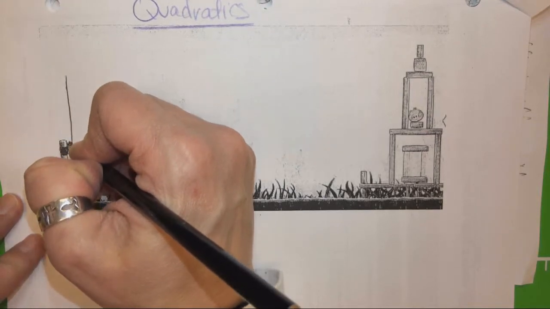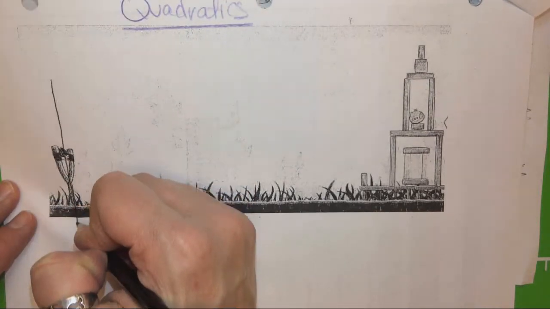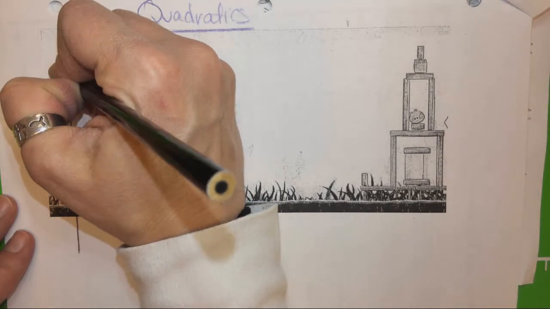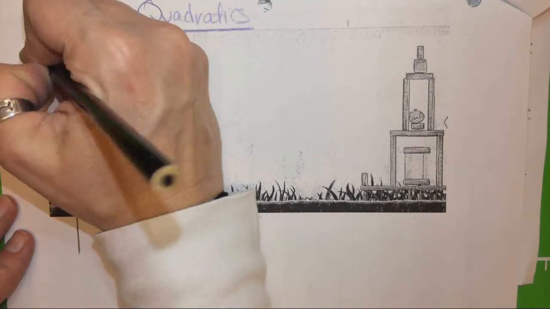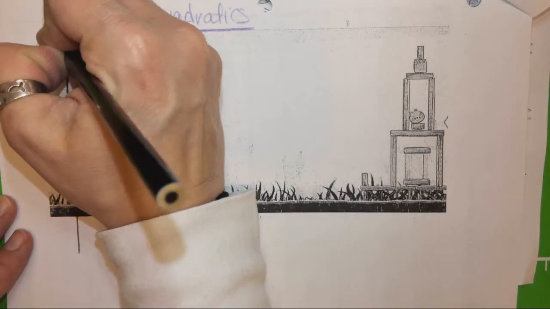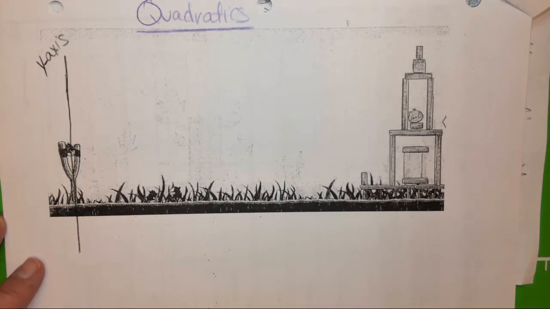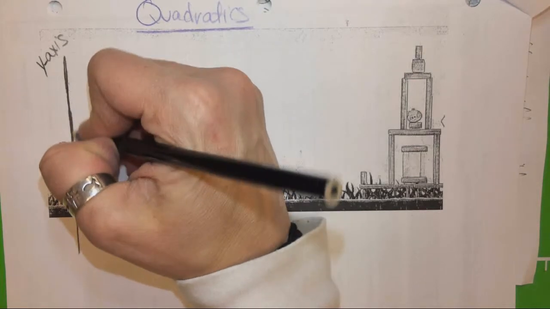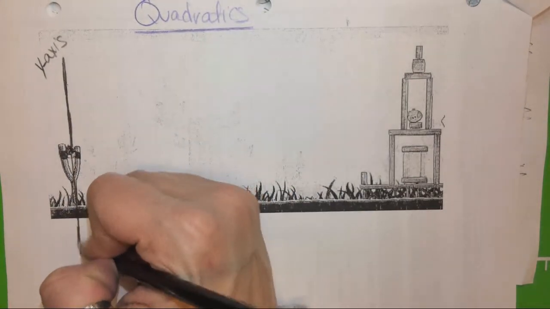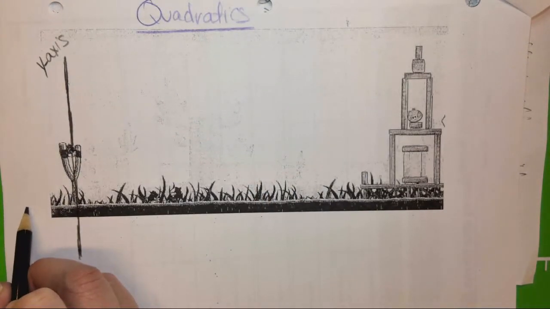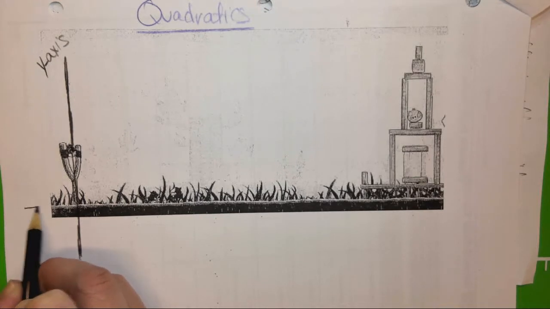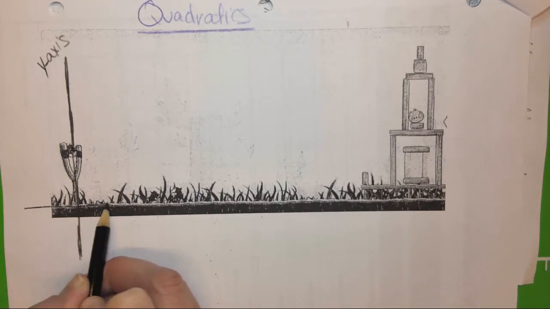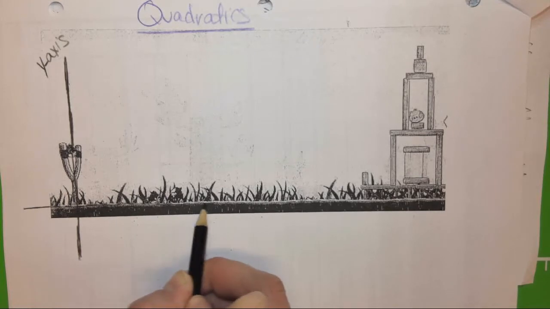So go ahead and draw your y-axis through here. So we have our y-axis right here, and then our x-axis is going to be right at the grass line.